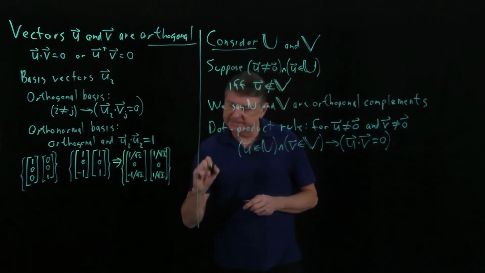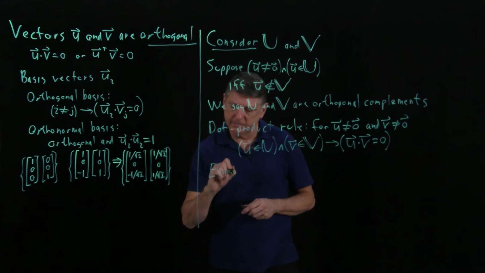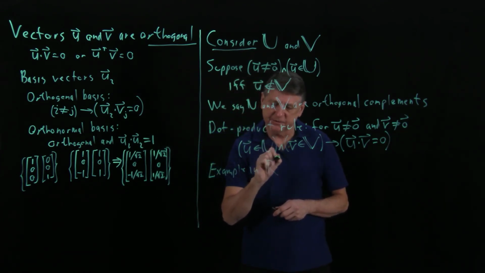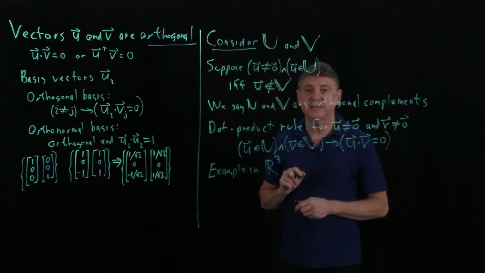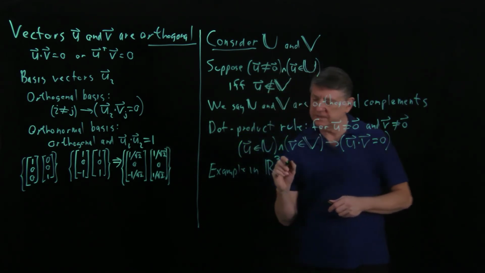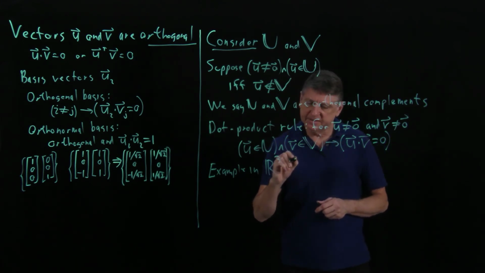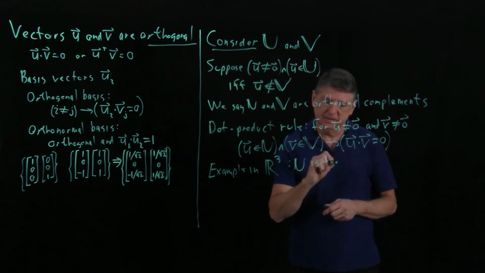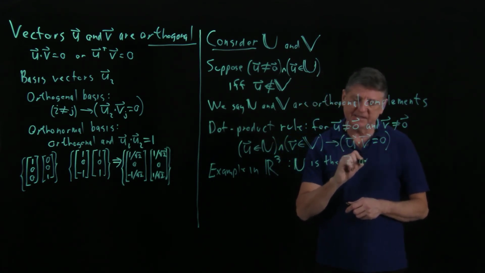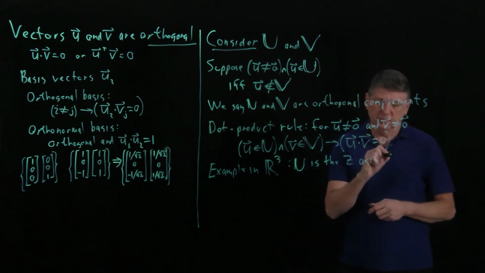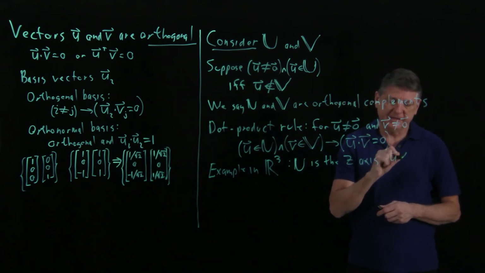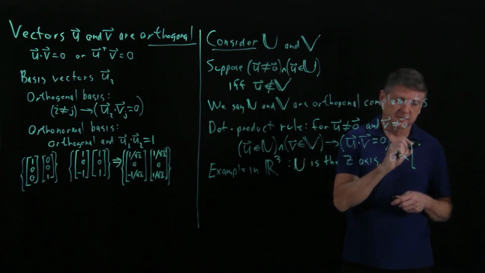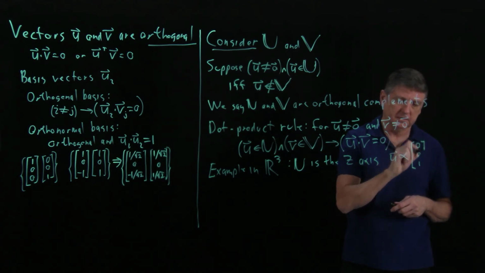So let's take an example. And suppose that we look at vectors that have 3 entries each. Well, suppose that we say that the set U is the vertical axis or the z-axis. So a u vector is proportional to, that is, it's a scalar multiple of (0, 0, 1).